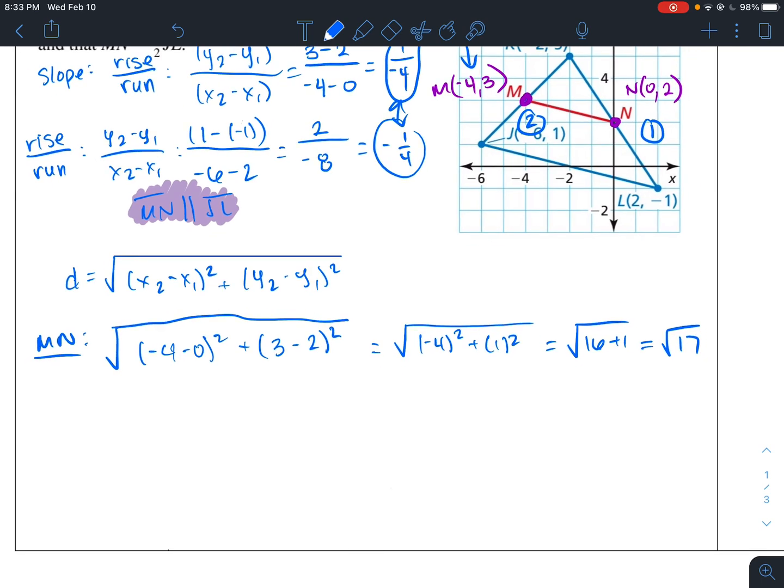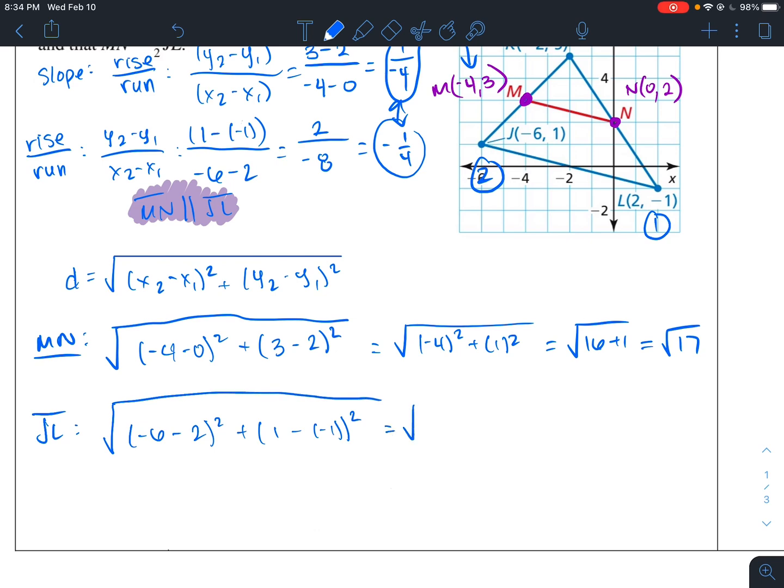Now let's find the distance of JL. I'm going to label this one as my first point, this one as my second point. So we do the square root of x2, which would be negative 6, minus x1, which would be 2, squared, plus y2, which would be 1, minus y1, which would be negative 1, squared.